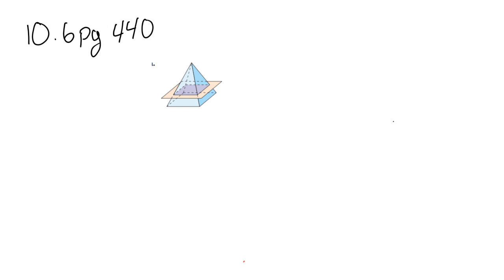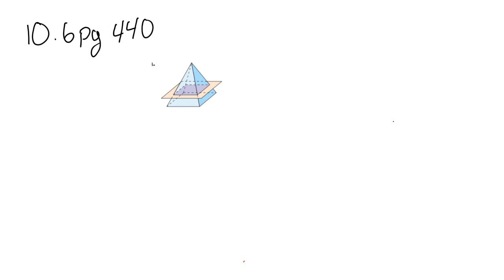I know it kind of looks like it might be a square, but unless they tell you that it has all the sides the same, or if they said something like it's regular, which means that all the sides are the same, assume it's a rectangle. So now, looking at the cross section in the intersection, the purple part there, just tell me what it is. It's a rectangle, again, because you don't know all the sides are the same. That would be your answer. It's a rectangle. Simple as that.